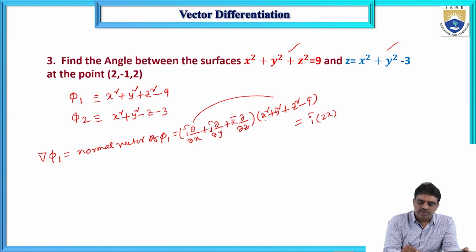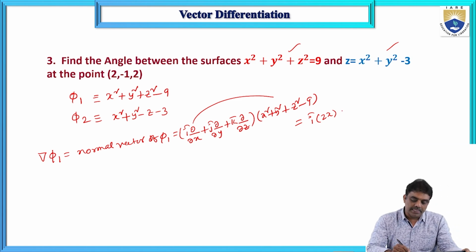Dou by dou x of x square is 2x, y square derivative 0, z square derivative 0, and the constant derivative 0. Plus j bar into dou by dou y of the entire term, that is 2y, plus k bar into dou by dou z of the entire term, that is 2z.